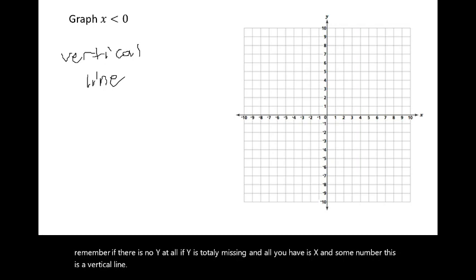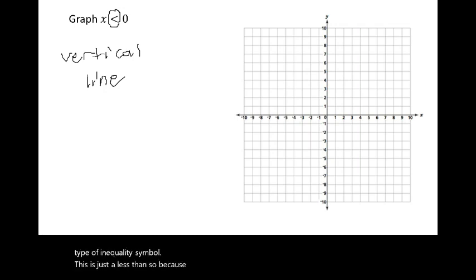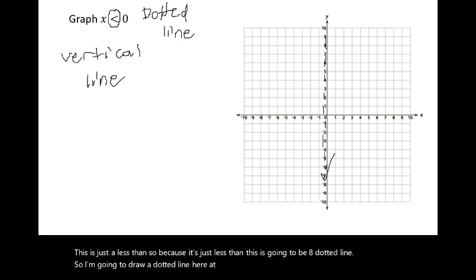Now, you do need to pay attention to the type of inequality symbol. This is just a less than. So because it's just less than, this is going to be a dotted line. So I'm going to draw a dotted line here at the y-axis, which is x equals 0.